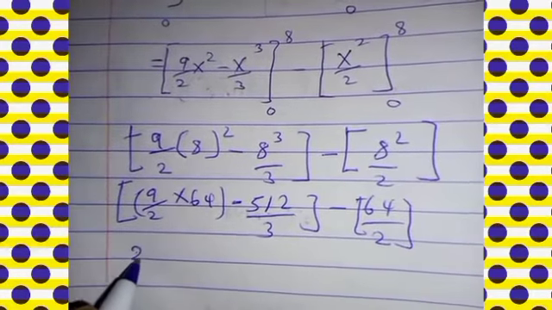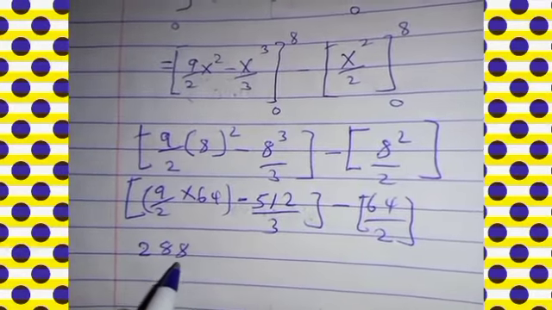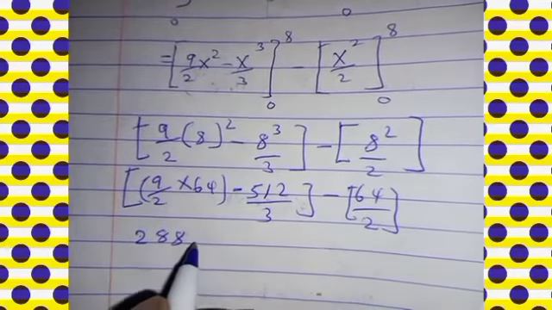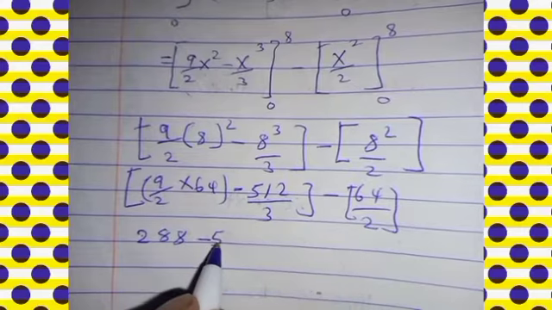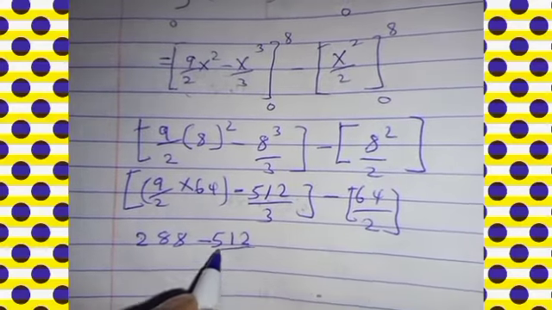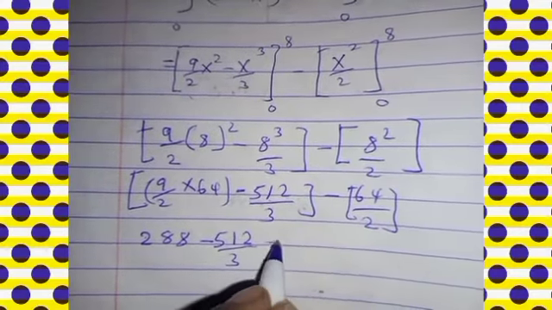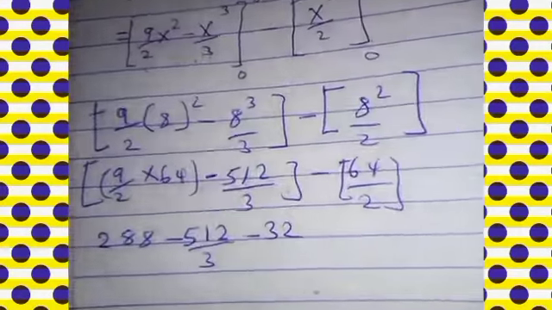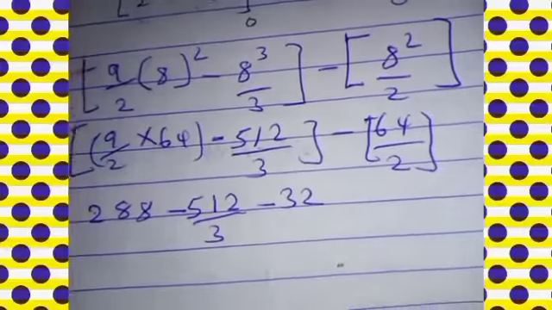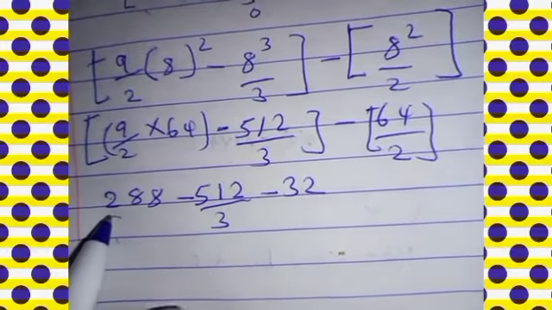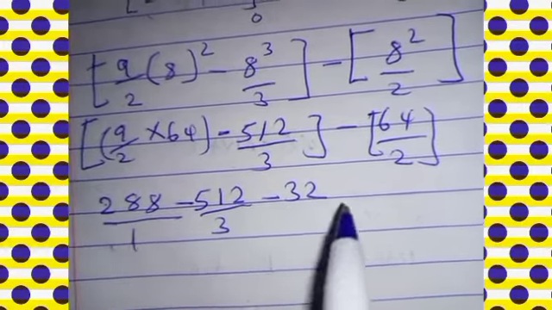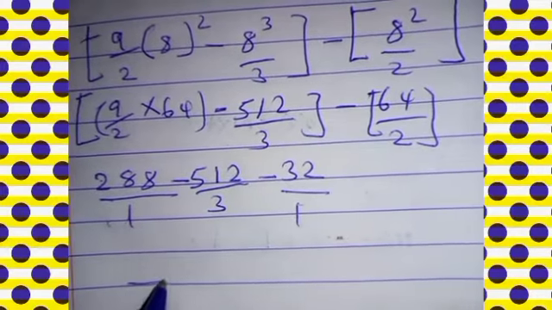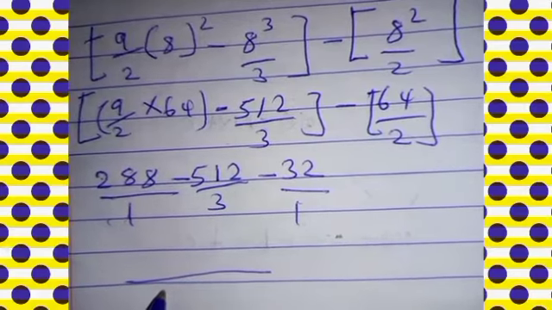This will give us 288 after simplifying, minus 512 over 3, minus 32. Here we can get the LCM. The LCM of these numbers is 3.